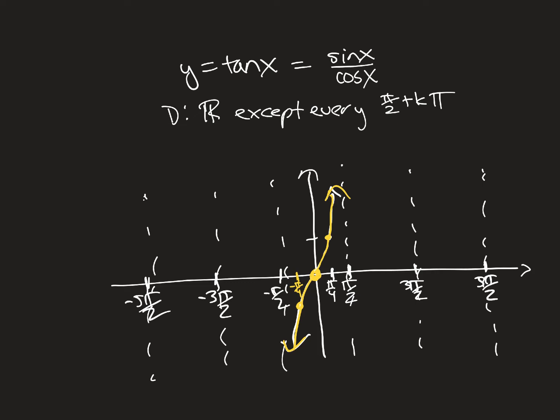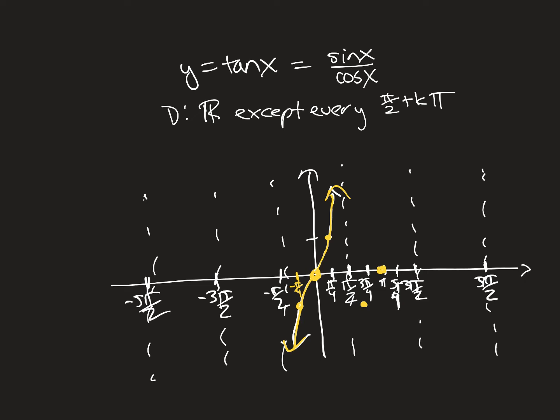And then after pi over 2, let's do some more angles just to convince you of the pattern here. Let's look at 3 pi over 4, and let's also look at pi. Let's look at 5 pi over 4, and then we've got our asymptote at 3 pi over 2. Well, tangent of 3 pi over 4 is negative 1. Tangent of pi is 0.